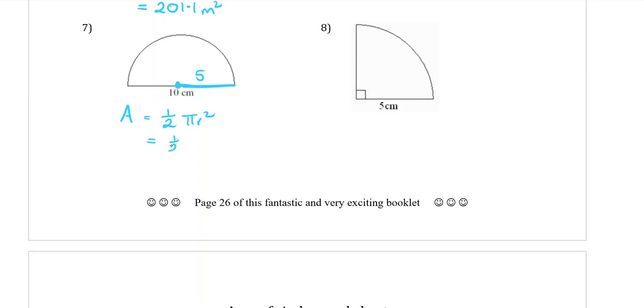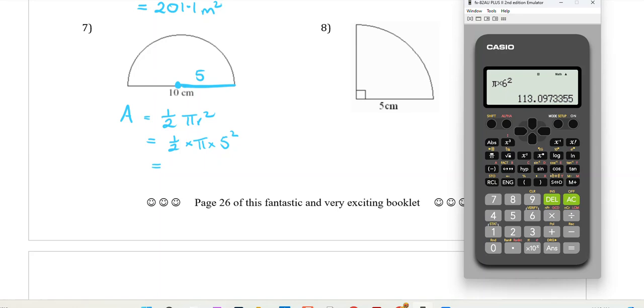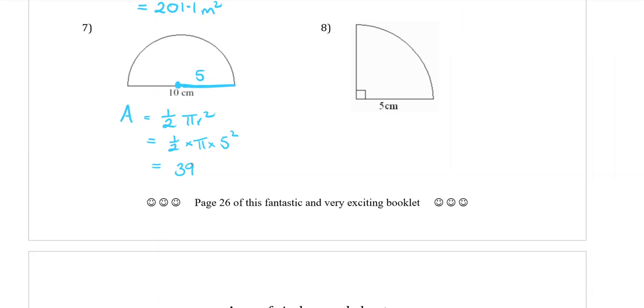So it will be half times pi times 5 squared. Half times pi times 5 squared is 39.3 centimeters squared.